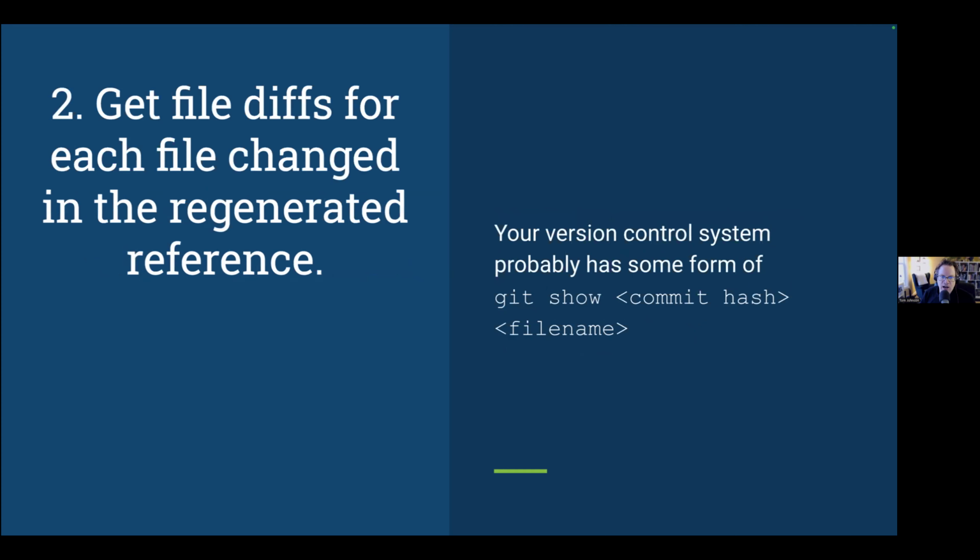Okay, so now that you've got the regenerated reference, the next step is to get file diffs for each of the files changed in the regenerated reference. Your version control system probably has some form of git show, and you put the commit hash and a file name, and it tells you exactly what the differential between the previous state and the current state is for that file.